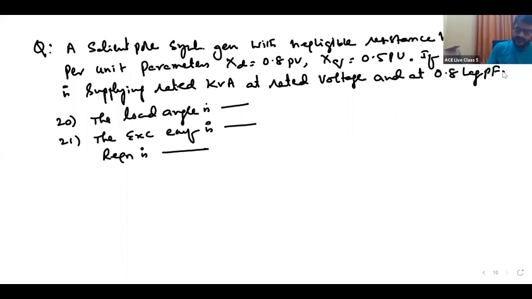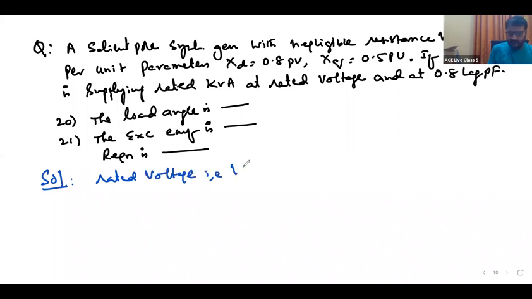The solution: the values are given in per unit. Rated kVA means 1 per unit. Rated voltage means V is equal to 1 per unit.